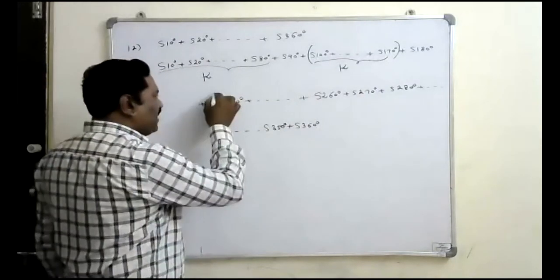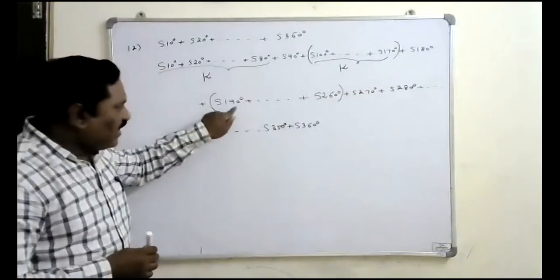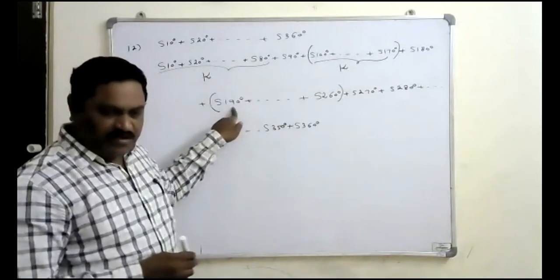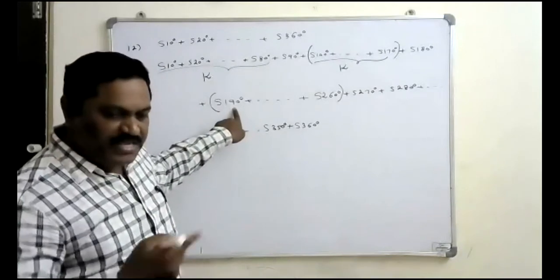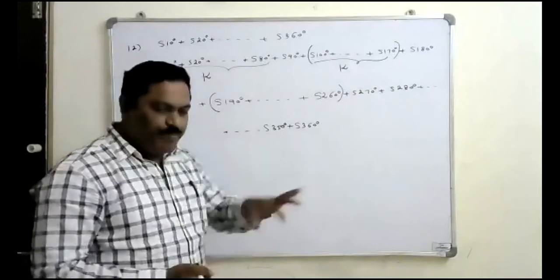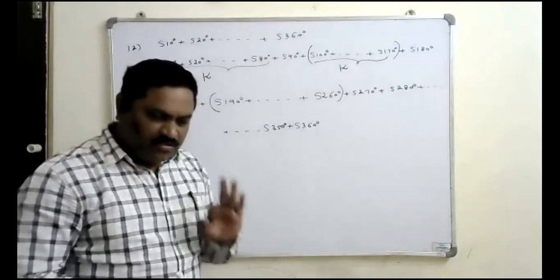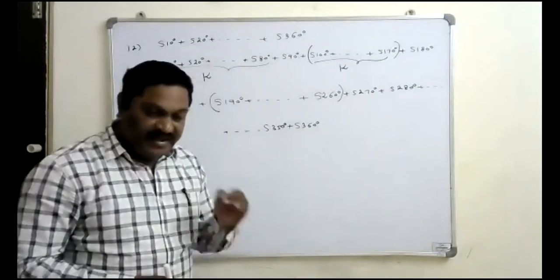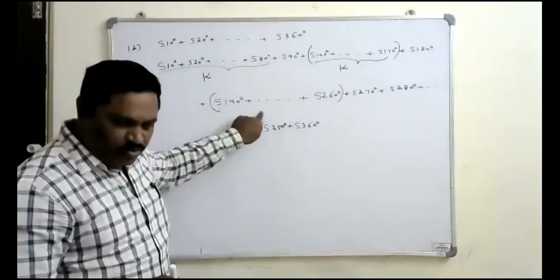Now if you come to this angle from here, 190, I can write 180 plus 10. 180 plus is an angle of the third quadrant. In the third quadrant sine is negative. Means you get minus sine 10, minus sine 20.